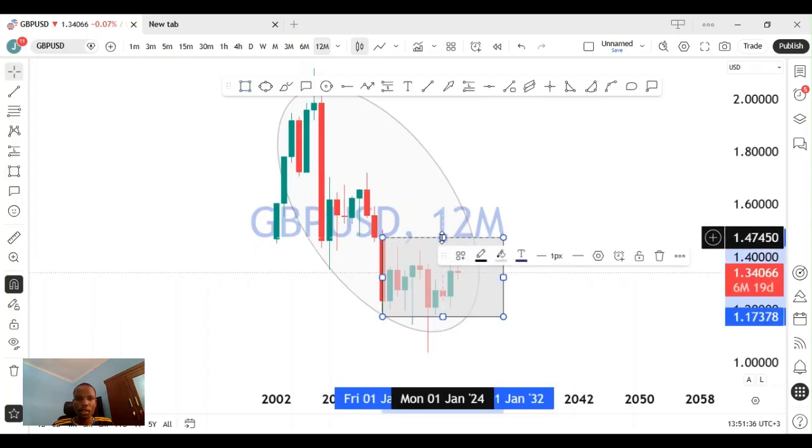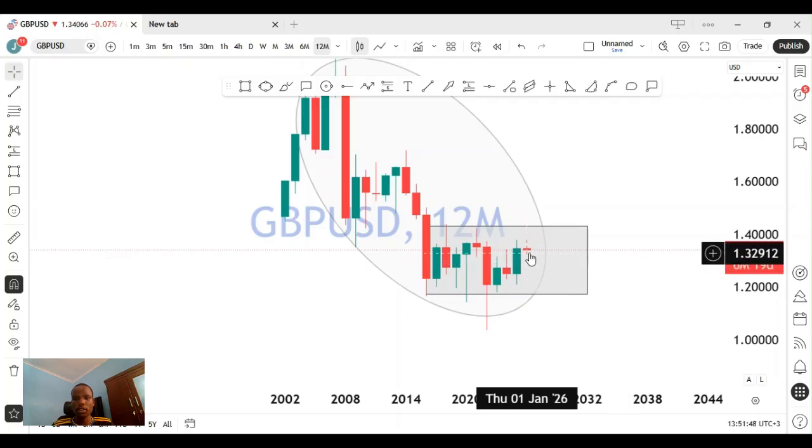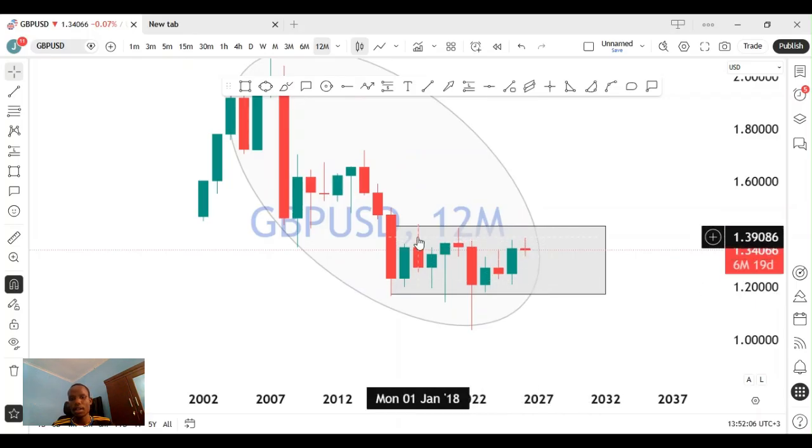So after knowing that the candle we are in this year is in this consolidation area, we have to know whether in this consolidation the candle is near resistance or near the support level. And we saw that the candle is near the resistance area of this consolidation.